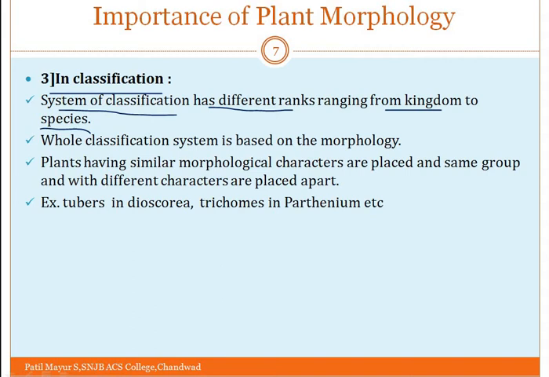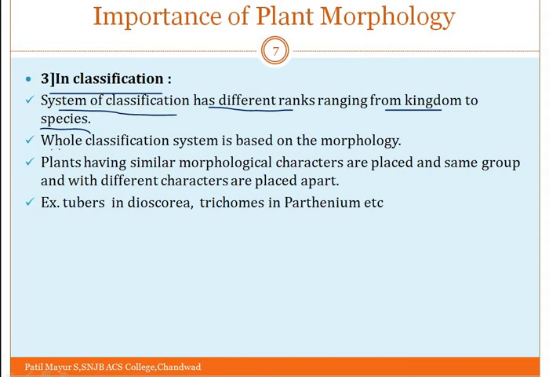It starts from kingdom, division, class, subclass, then series, order, family, genus, species, subspecies. Here we are concerned with species only. This is the routine taxonomical hierarchy which all classification systems follow.